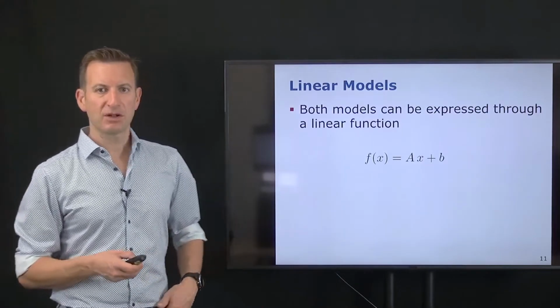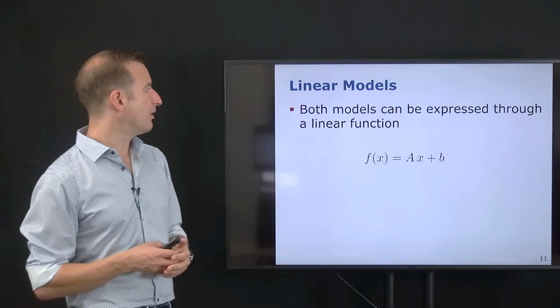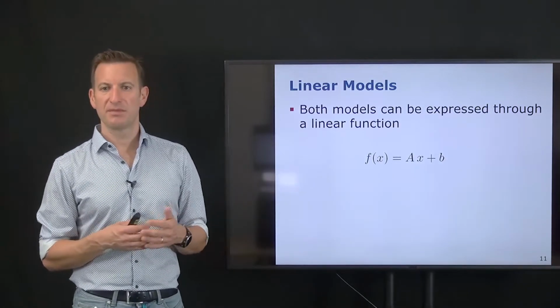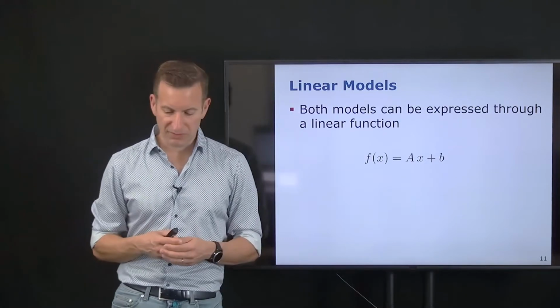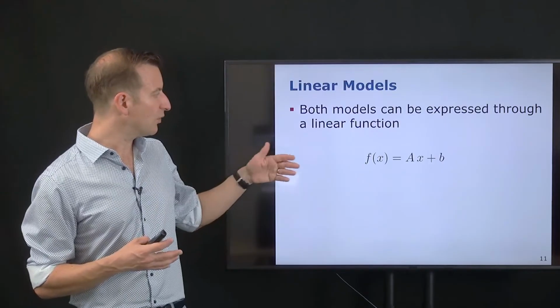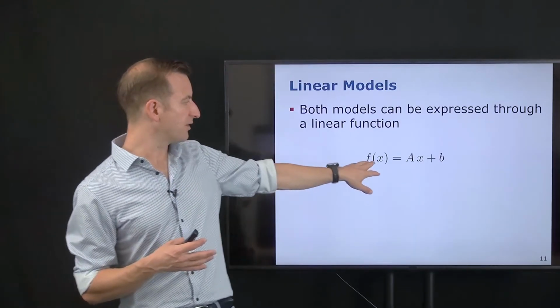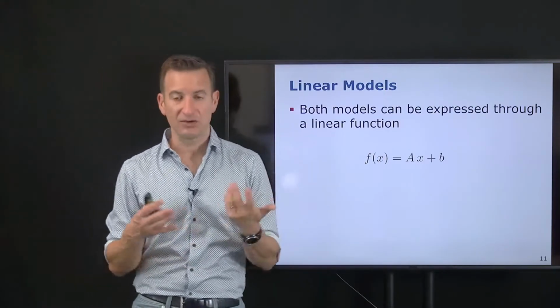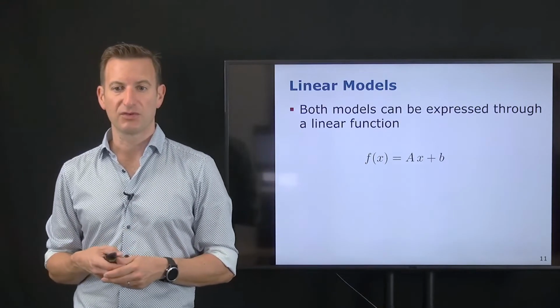So a linear model means that both models can be expressed through a linear function, here shown in this setup. And so we have a variable, this can be a multidimensional variable, so I'm having a matrix A times x and some constant term.